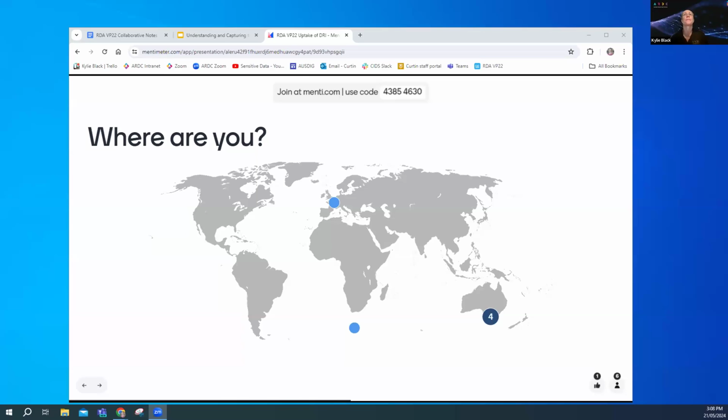And now if I share my... Do you want to share your screen? Yep. And then we will be able to see the results. Okay, so we've got... Mine shows me being in the middle of Africa, which is incorrect.